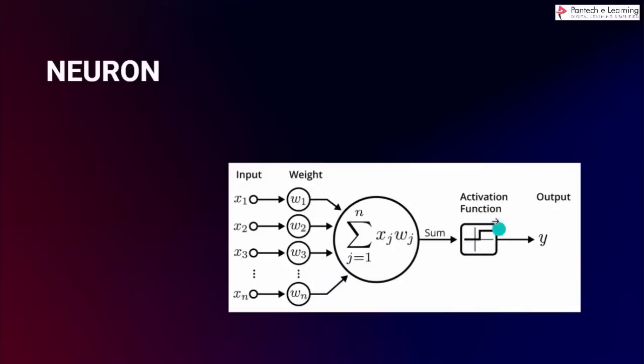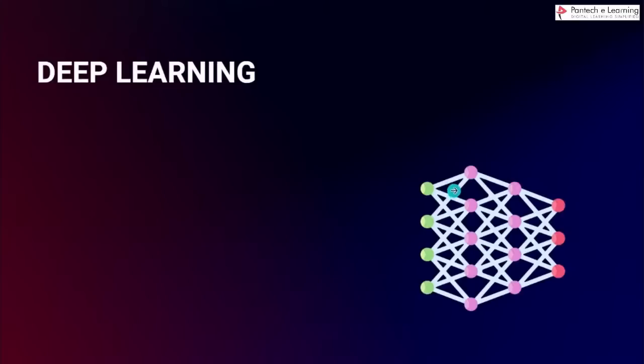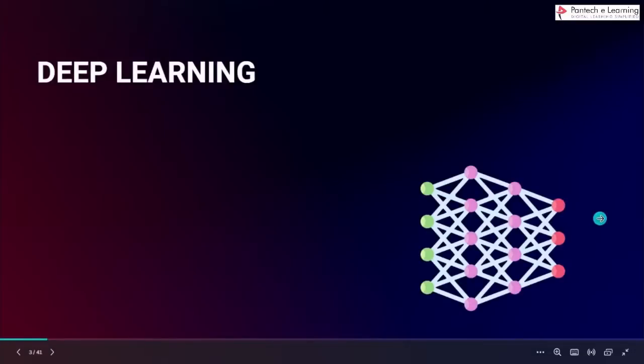Here we add everything and give it to the activation function, which does some processing and gives you the output. This is what happens in all the neurons: they get the input and pass it to the next layer.